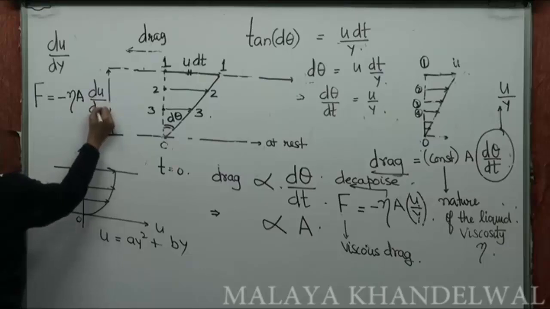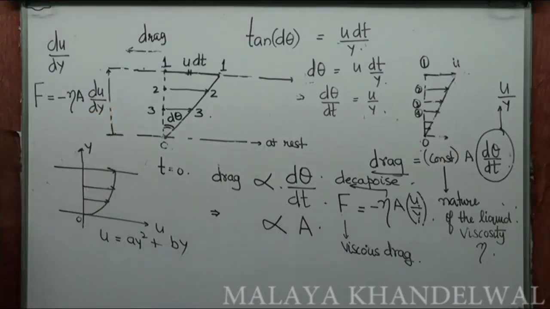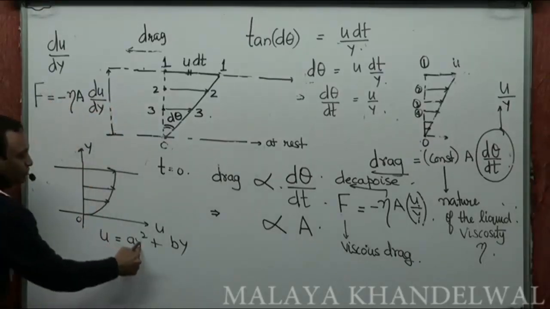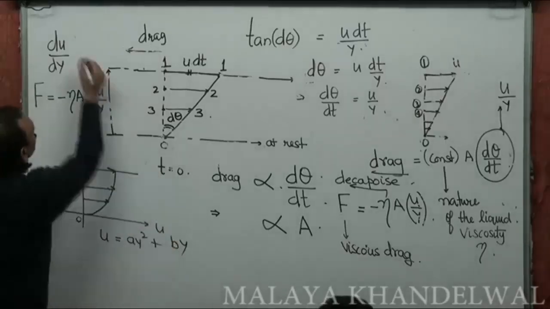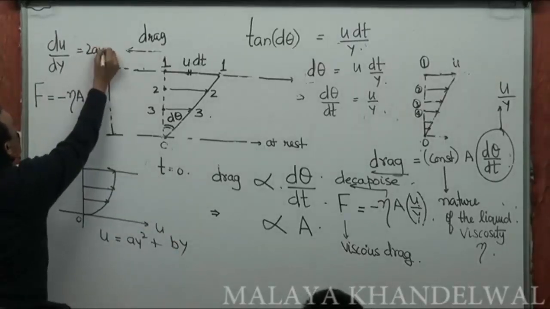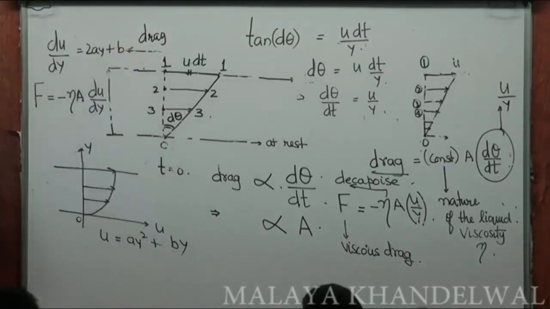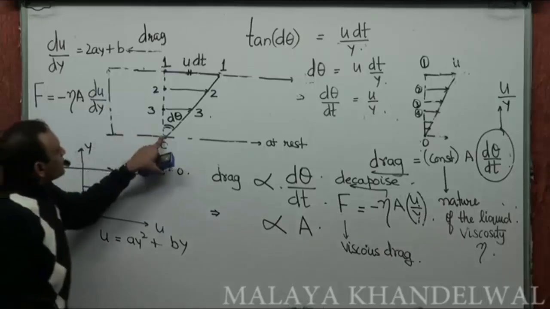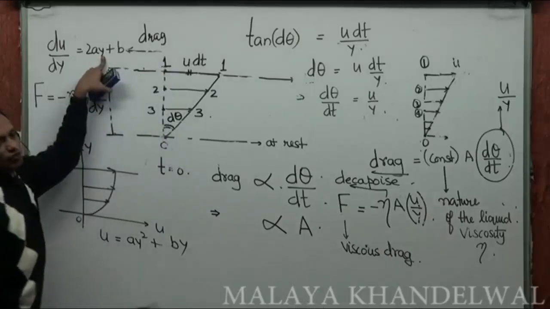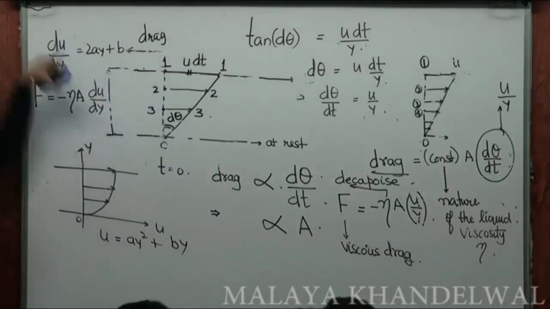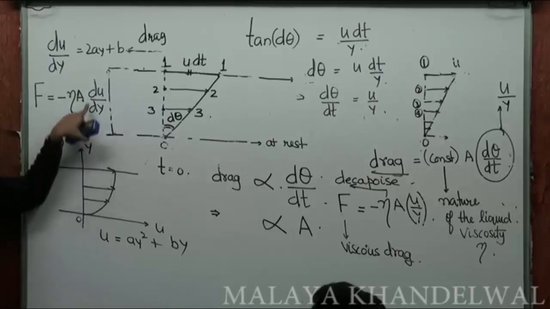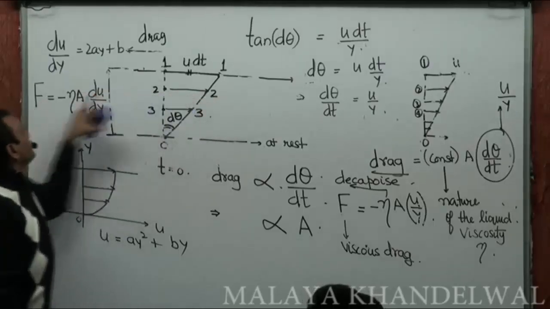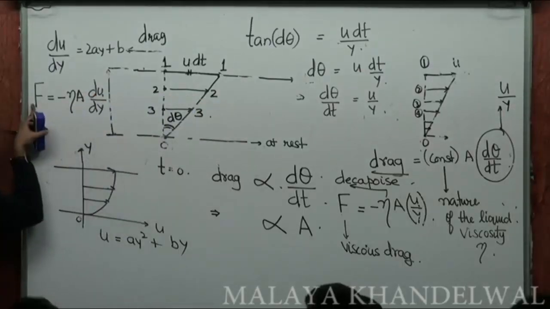That becomes the velocity gradient in the y direction, and du dy you can compute as 2ay plus b. A and b would be constants known to you. So for any given y, you can plug in the value of y and obtain du dy for that y. Once you obtain du dy, you can obtain the viscous drag on a layer at that y. So for every single layer, you can obtain the viscous drag.